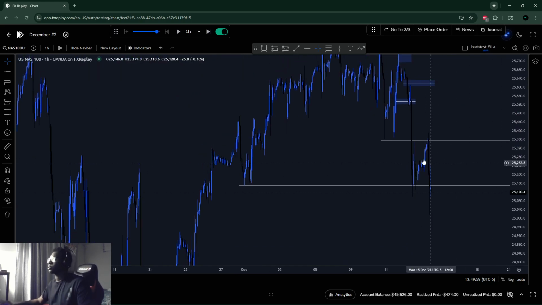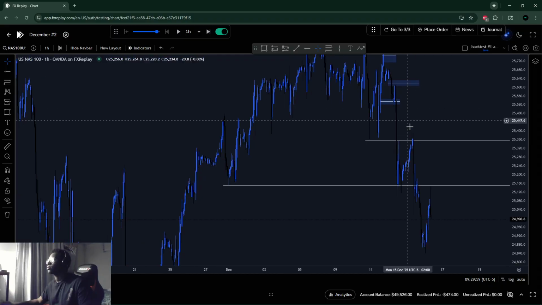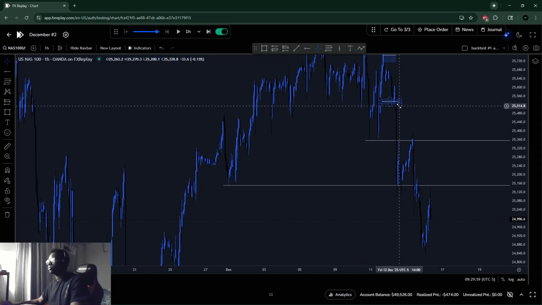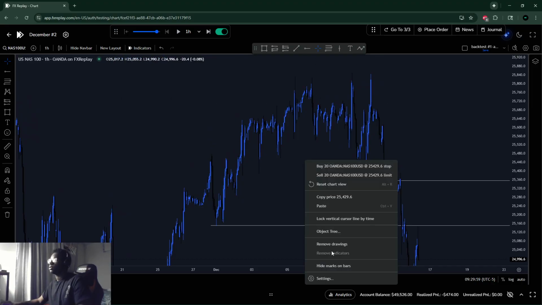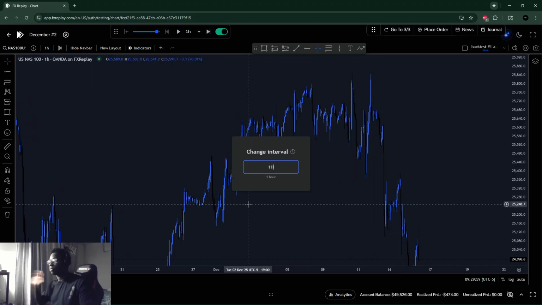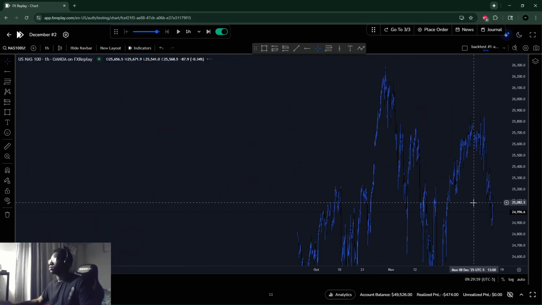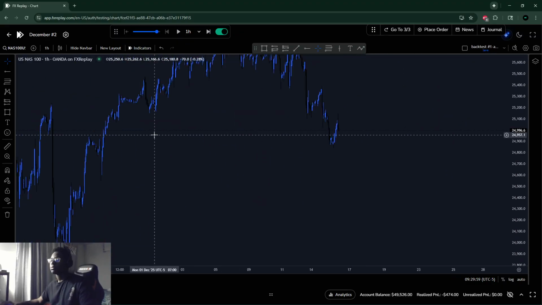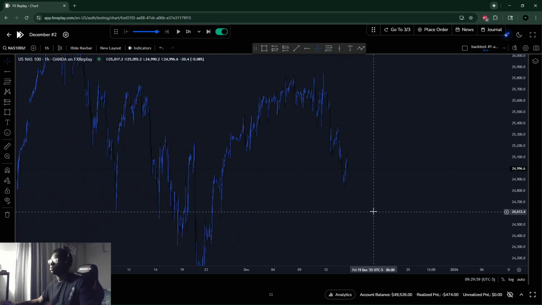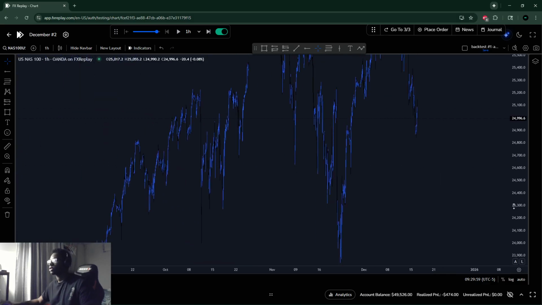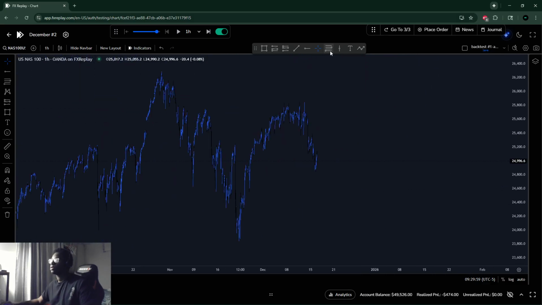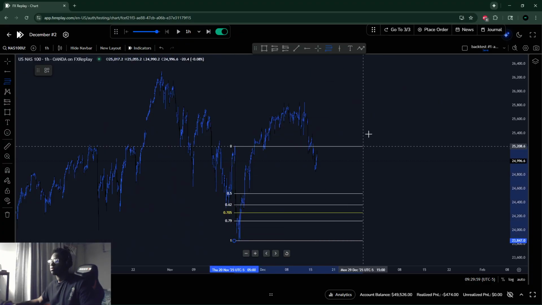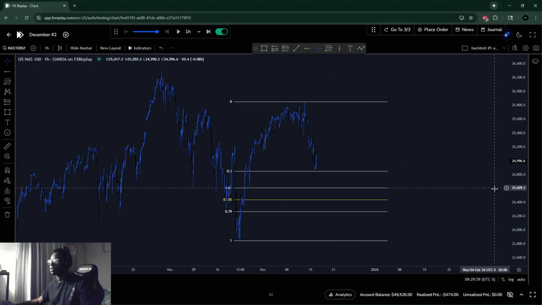So next, let's go to the next day. Let's just delete all this and just refresh. So what do we know? You can see price in decline. Looks like it's on a retrace. Looks like we didn't sweep anything yet.